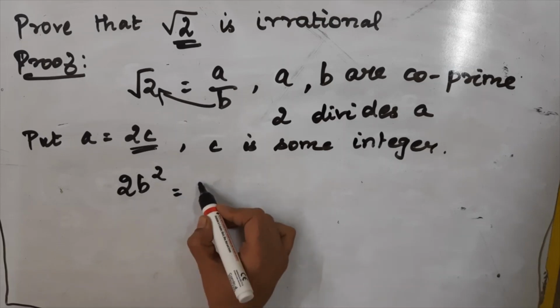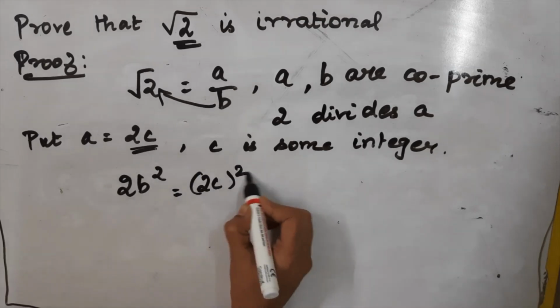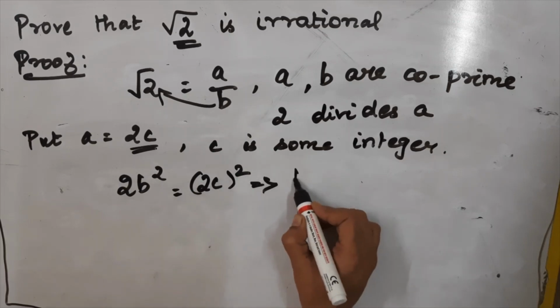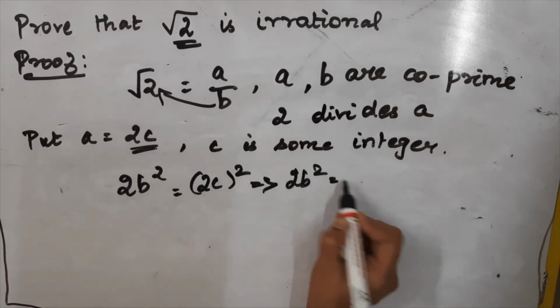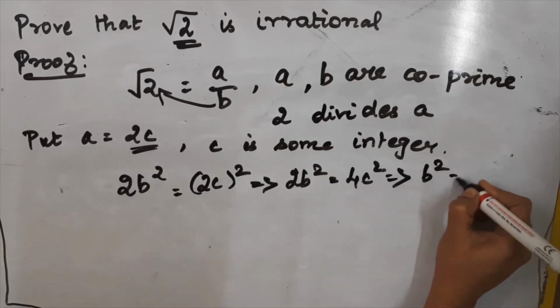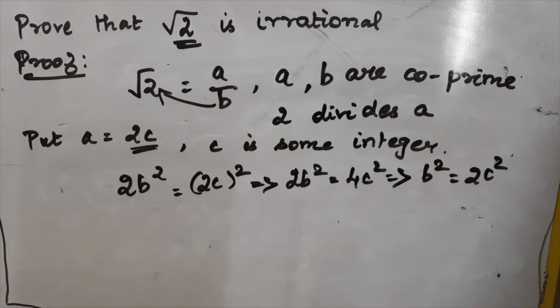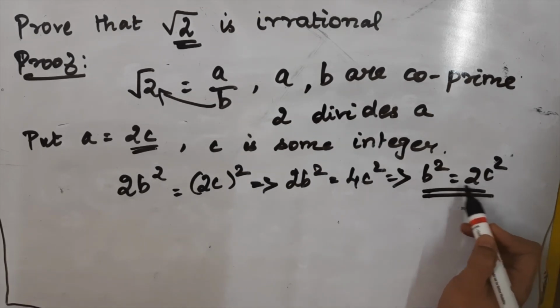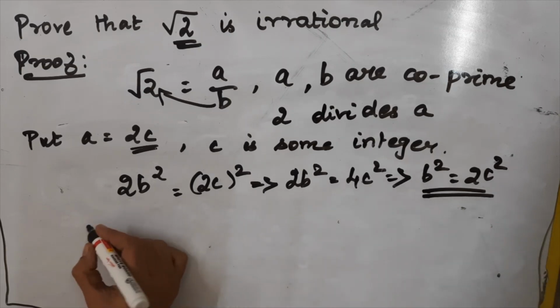Then 2b square is equal to 2c the whole square. From here it is clear that 2b square is equal to 4c square. So b square is equal to 2c square. From here we could see that 2 is dividing b square as well.